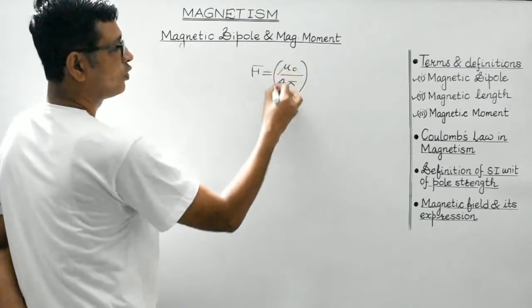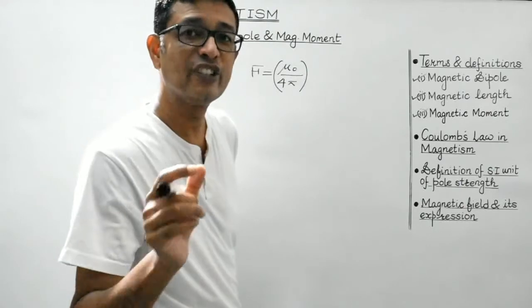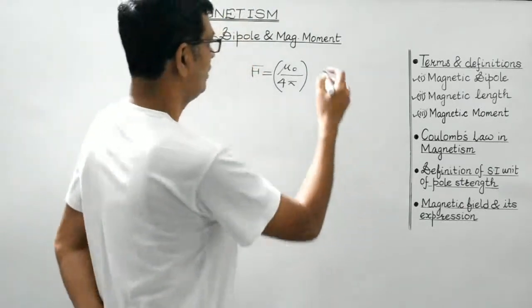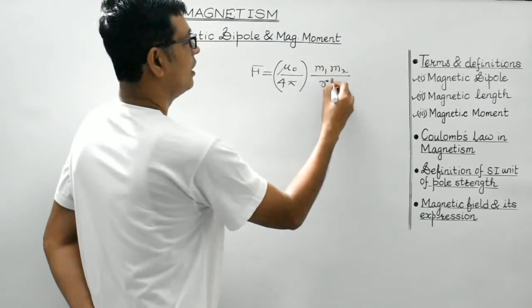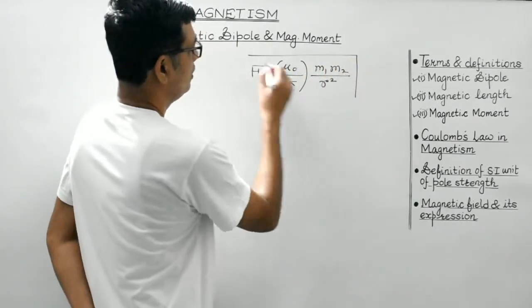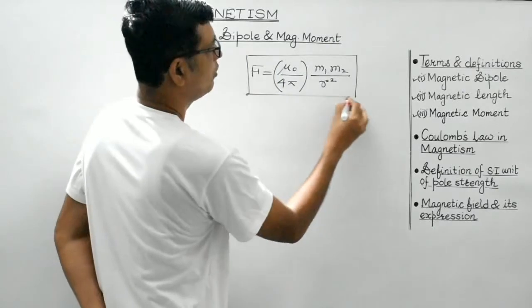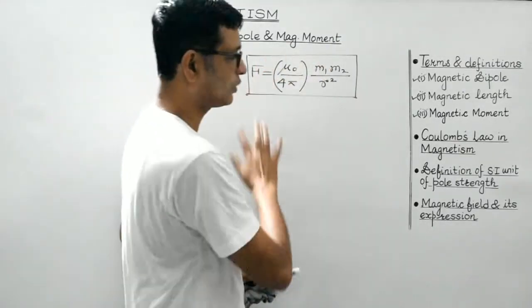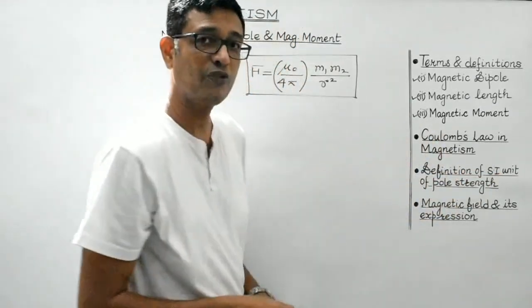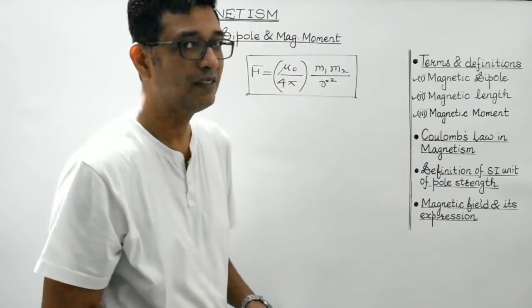In place of mu naught over 4 pi, you can write 10 raised to power minus 7 as well, times m1 m2 divided by r square. So this is the mathematical form of Coulomb's law in magnetism. Let's make use of this expression to define the SI unit of pole strength, which is ampere meter.